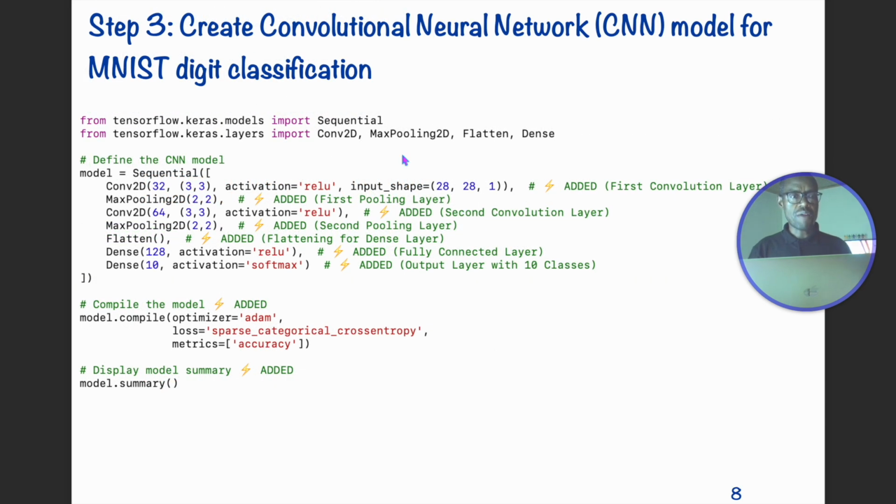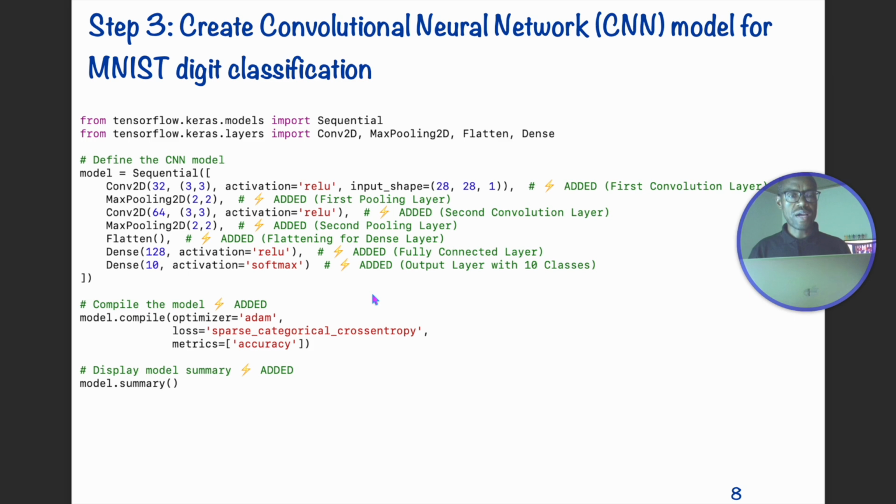Now, after pre-processing data, after normalizing and reshaping the images, we need to create a convolutional neural network model for MNIST digit classification.